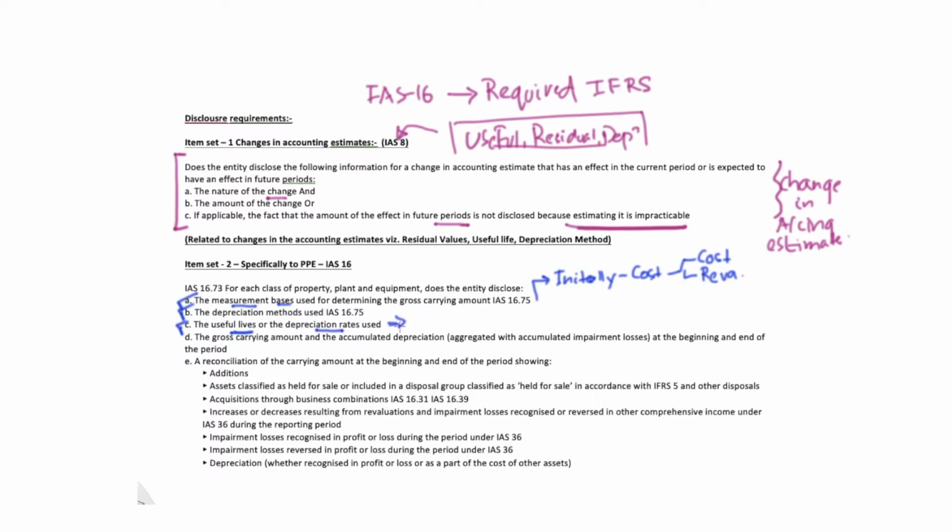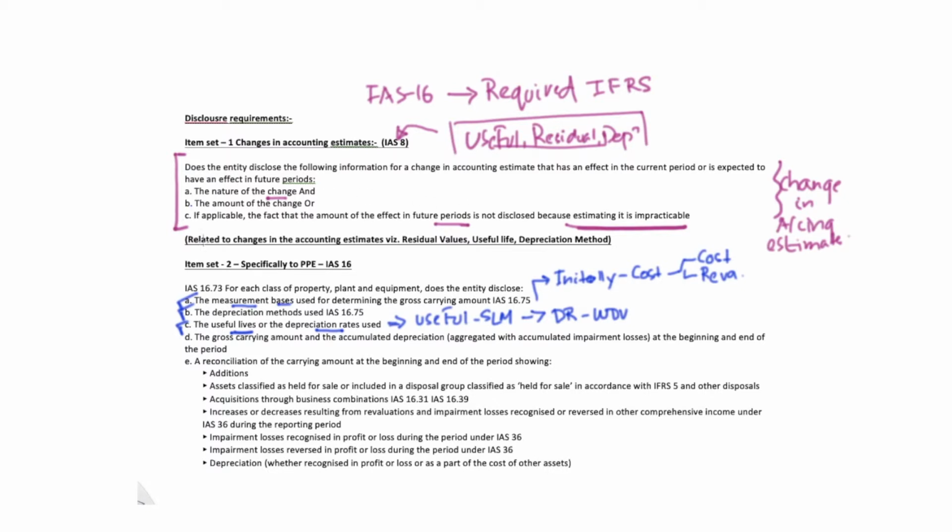Basically, I would say that the useful life is relevant in respect of the straight line method of depreciation, because I would be depreciating the depreciable amount over the useful life of the asset. For the straight line method there are also depreciation rates, but the depreciation rates are more relevant in case the firm is following a written down value method. I need to know the rates that they are applying over the cost of the asset.